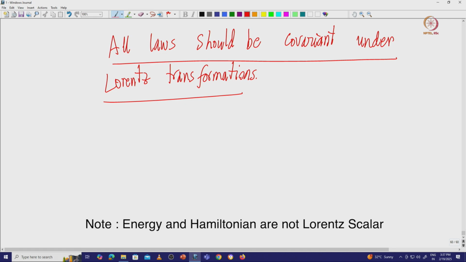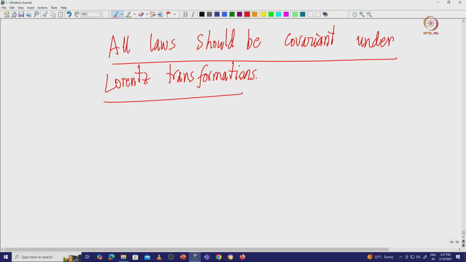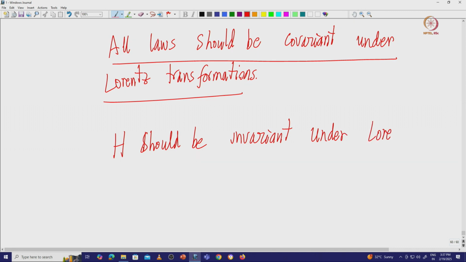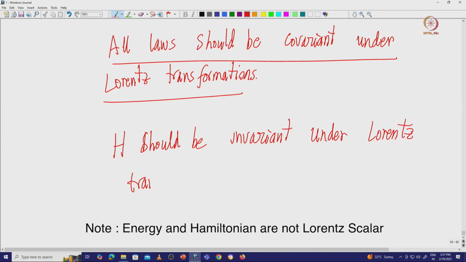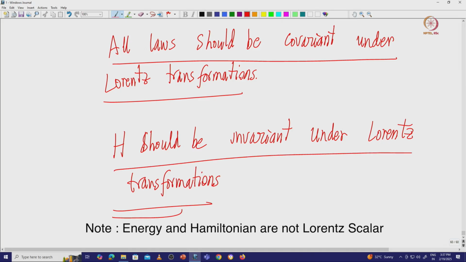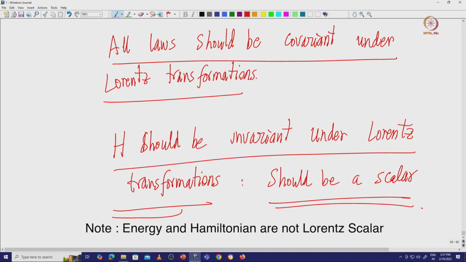The Hamiltonian should always be an invariant quantity under Lorentz transformations, whereas the equations of motion should be covariant under Lorentz transformations. The Hamiltonian should be invariant because it is an energy, so it should always be a scalar.